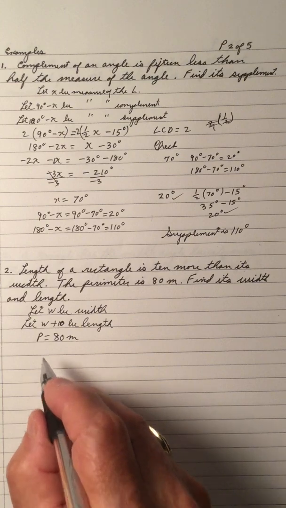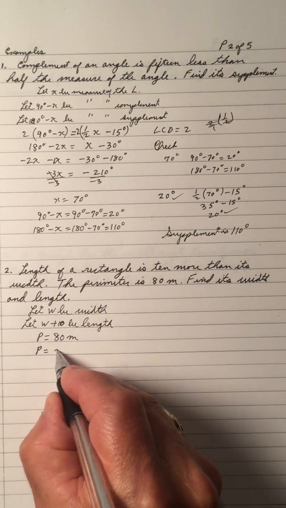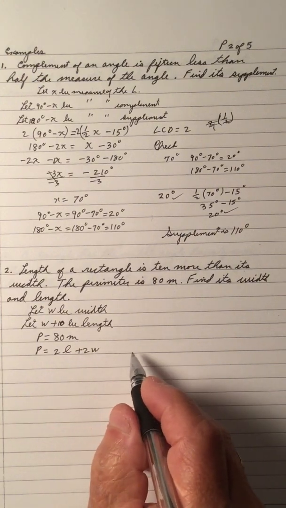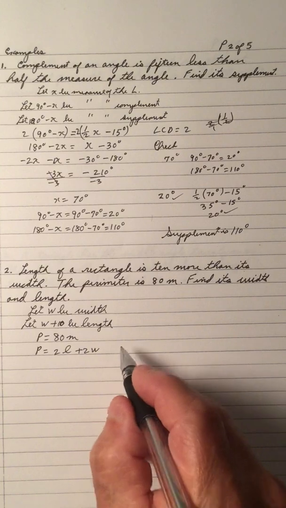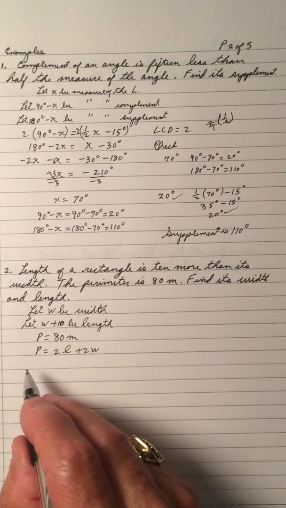So the formula for the perimeter of a rectangle, P equals 2L plus 2W. We can leave it like that, or we can write it as 2L plus 2W equals P, either or.